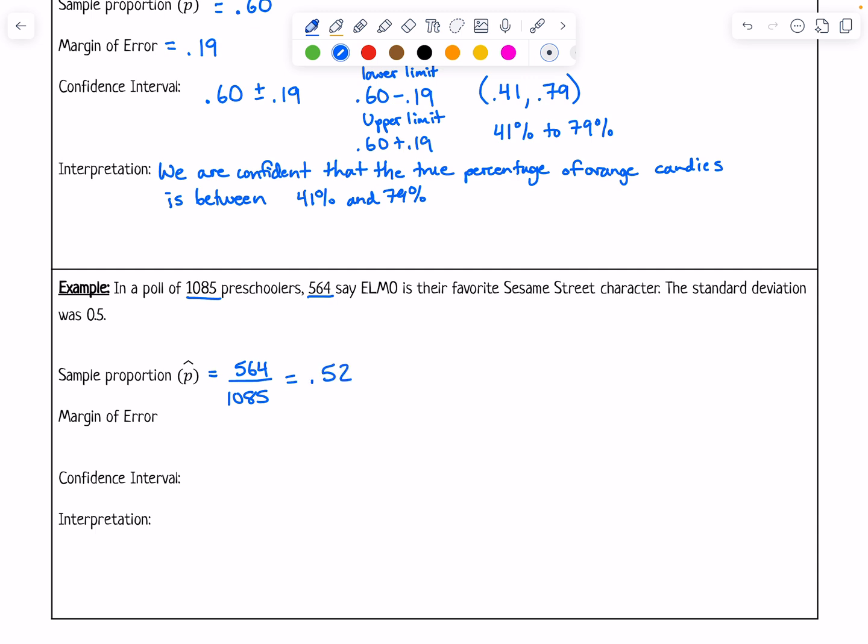And for our margin of error, we're going to use the formula approximately 2 times S, our standard deviation, divided by the square root of N, our sample size. So let's write that out.